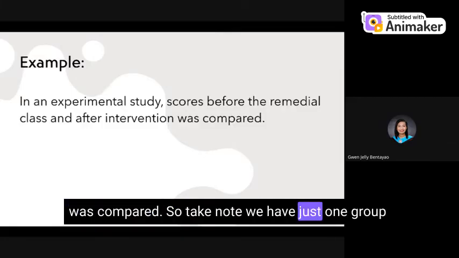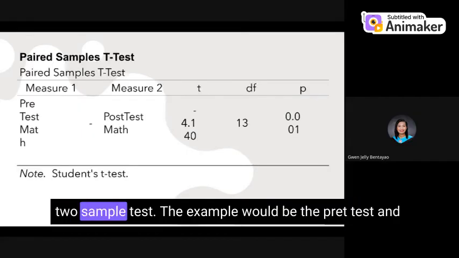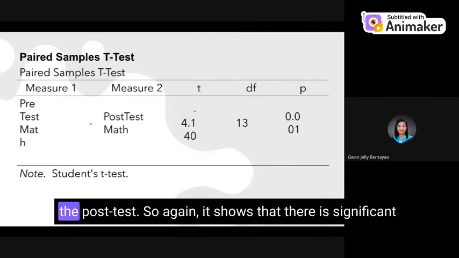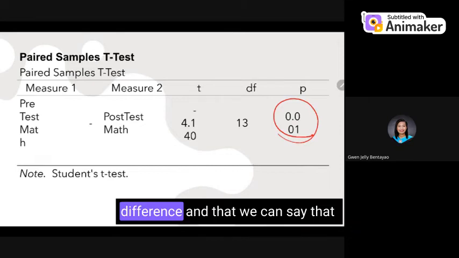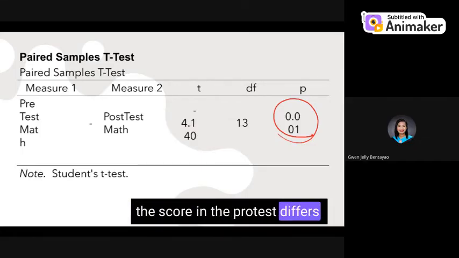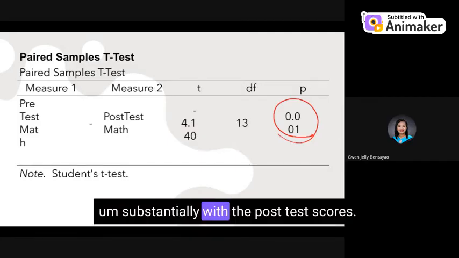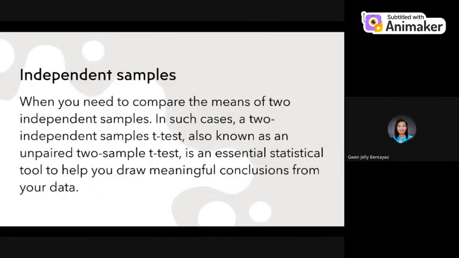So take note, we have just one group, but there are two samples in that group. That's why we use a paired sample t-test. Example would be the pre-test and the post-test. So again, it shows that there is significant difference, and that we can say that the score in the pre-test differs substantially with the post-test scores.